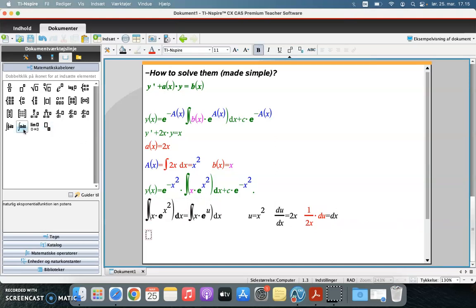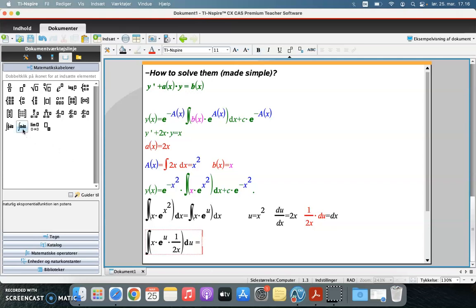we have x multiplied by e to the power of u. Now instead of dx, we type du here, but then we also have to multiply it with 1 divided by 2x, because dx was equal to 1 divided by 2x multiplied by du.